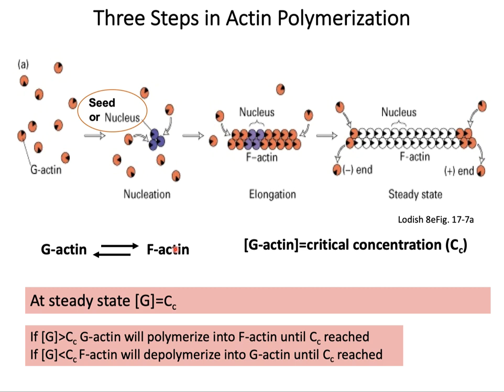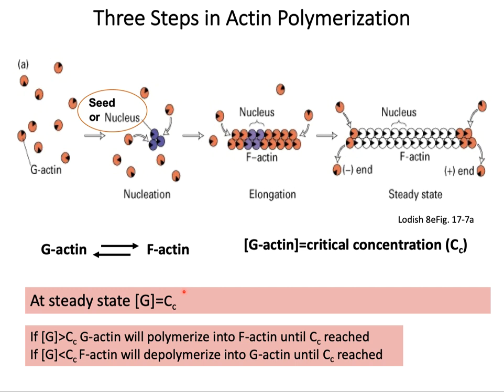So you can think of these three steps in actin polymerization as a biochemical reaction. Shown here, G-actin being converted to F-actin and F-actin being depolymerized into G-actin in the reverse direction. At steady state, the concentration of G-actin is the critical concentration. If the actual concentration of G-actin is greater than the critical concentration, G-actin will polymerize into F-actin until the critical concentration is reached.